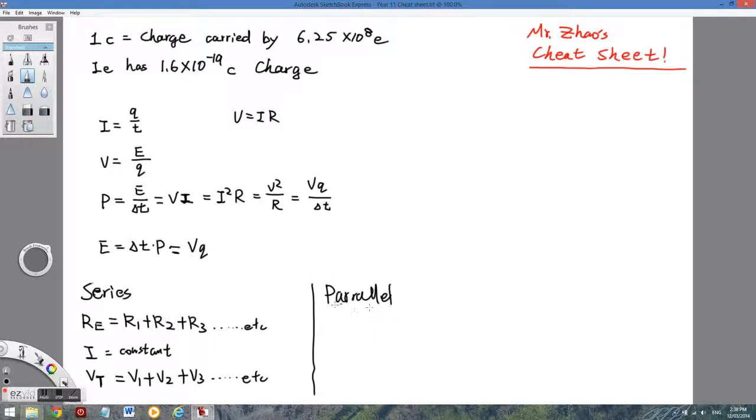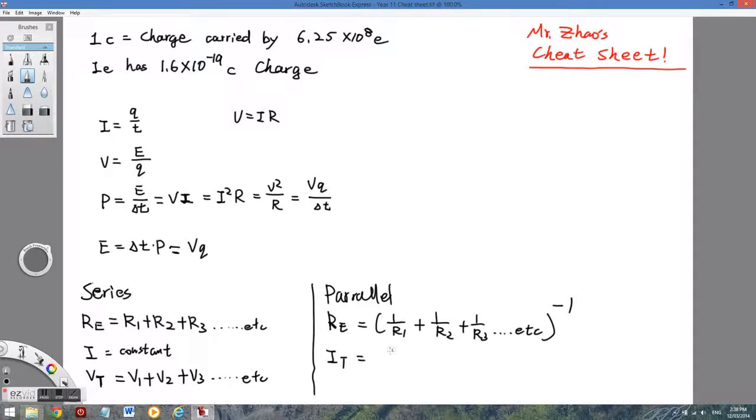Now in a parallel circuit, the equivalent resistance will be something like this. Remember, it's bracket power of minus 1.